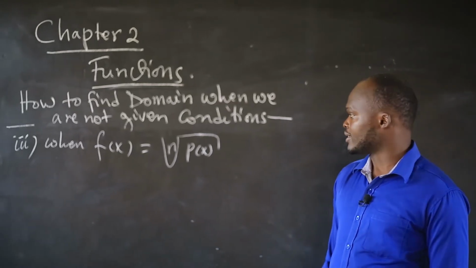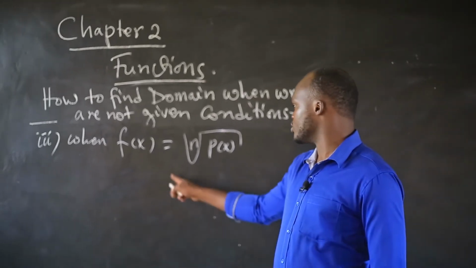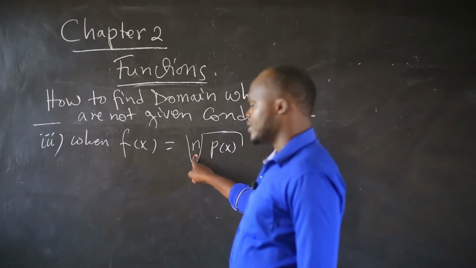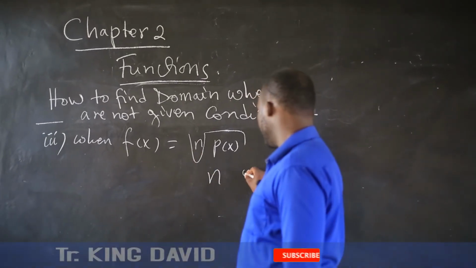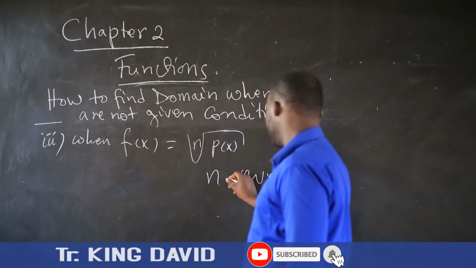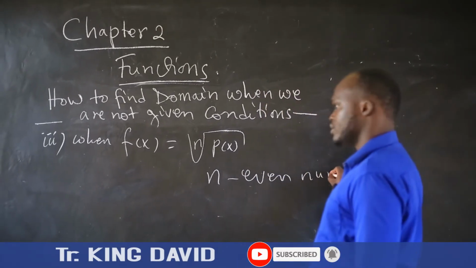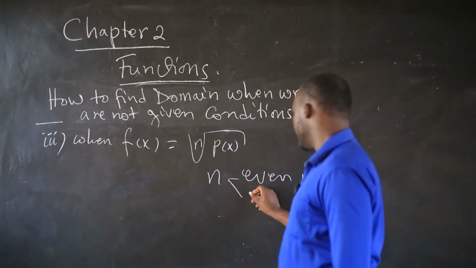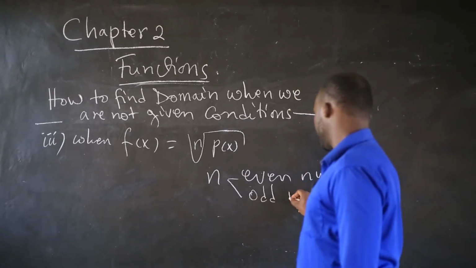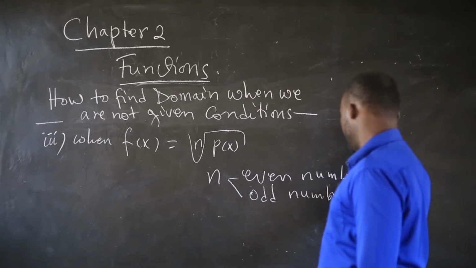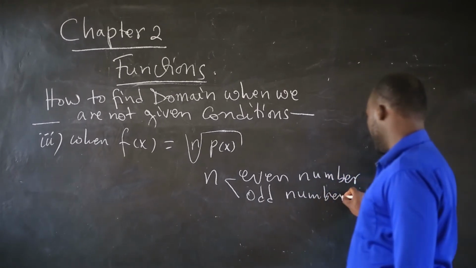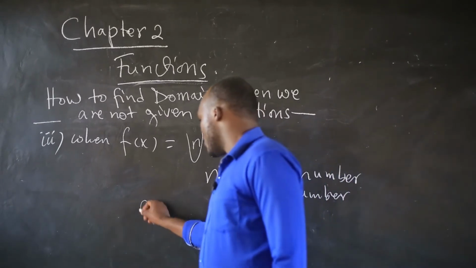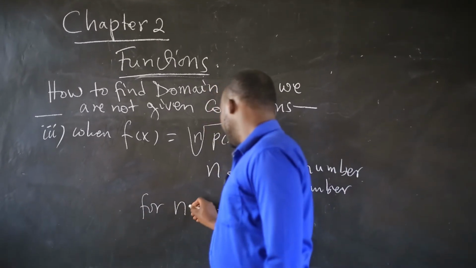So now let us see when you have f of x equal to nth root of p of x. So this n can be even number, or it can be odd number. Let's start with odd number.